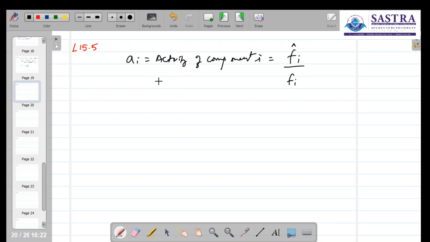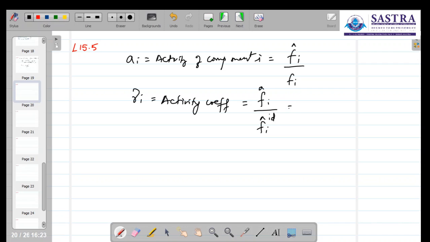Now just a small thought here, don't confuse this with the activity coefficient. So gamma_i, this is the activity coefficient, right? Activity coefficient is defined as fugacity of a component in a solution, but here the reference is the fugacity of a component in a solution that is in an ideal state.